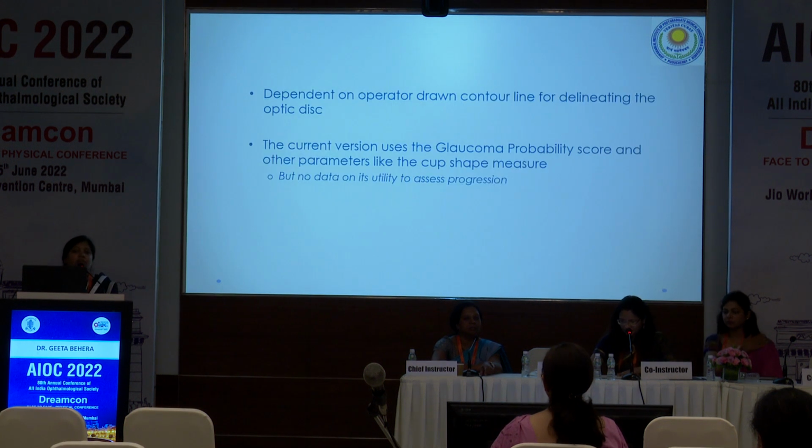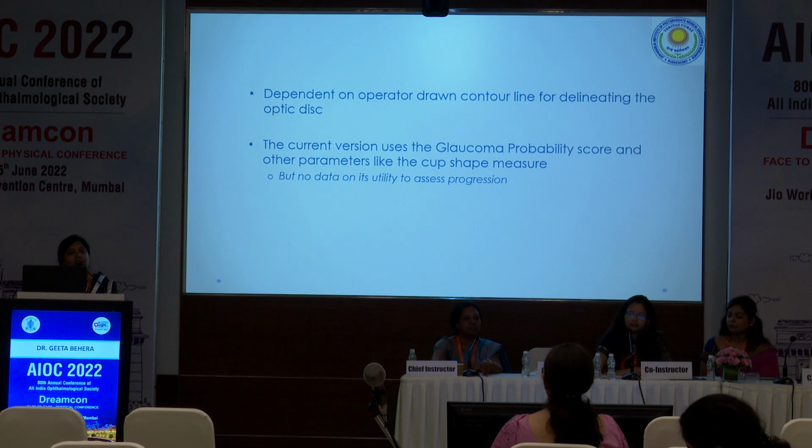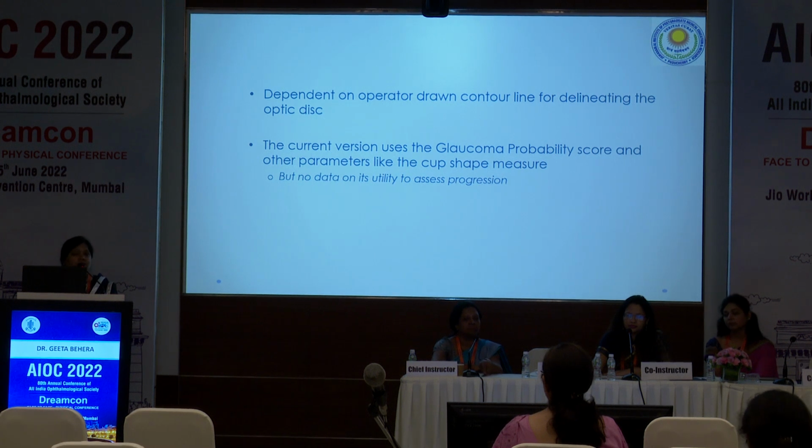Now, the two problems with interpreting HRT: one is that it is dependent on an operator-drawn contour line, so if this is drawn incorrectly, then you will get an inappropriate interpretation. The current version uses the GPS and other parameters like the cup shape measure, which are independent of the operator-drawn contour line. But again, there is no data on its utility to assess progression. That is not known yet.